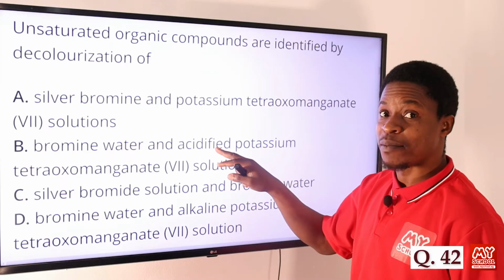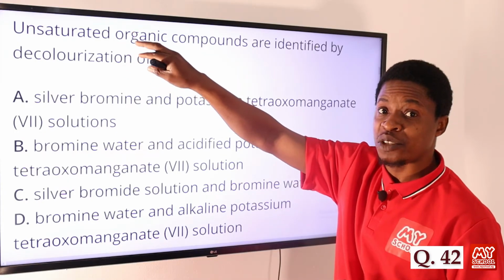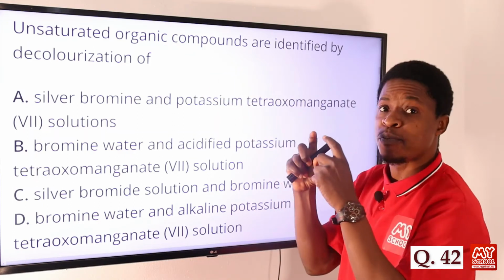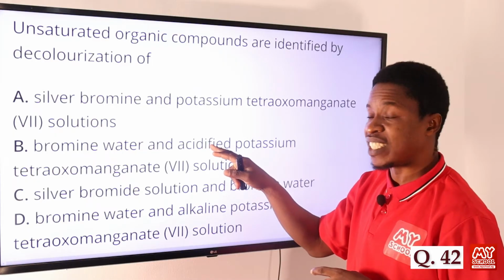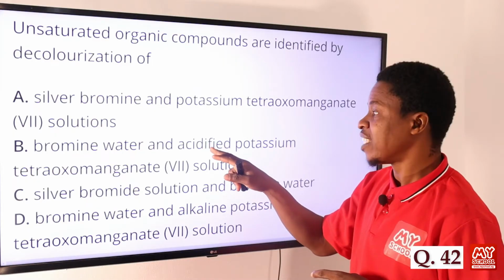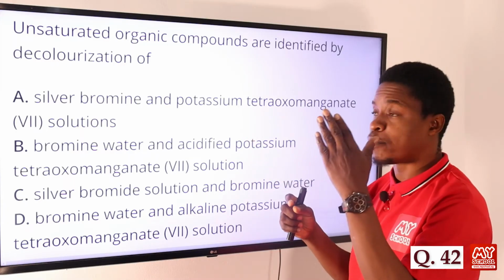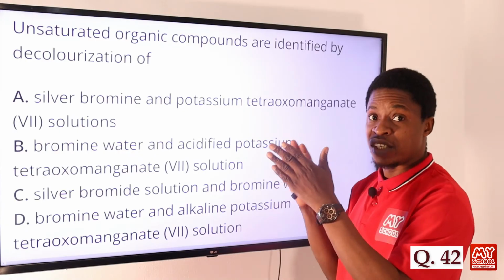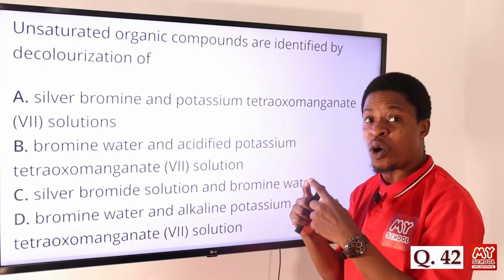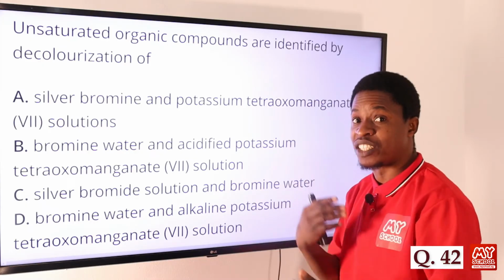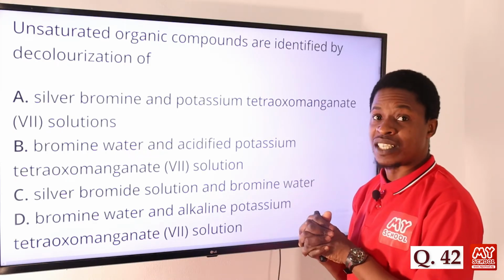Option B should be the right answer because there's a double bond in this unsaturated hydrocarbon, so that double bond between the carbons will be broken down by the acidity. The hydrogen ion that is here is what is going to make the bond get broken up, okay. There's a carbon oxygen double bond, a carbonyl group, and once it does that, that is why there's a color change, that is there's a decolorization of the potassium tetraoxomanganate 7 solution.